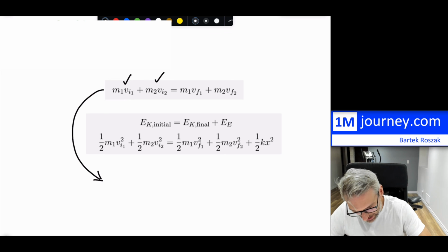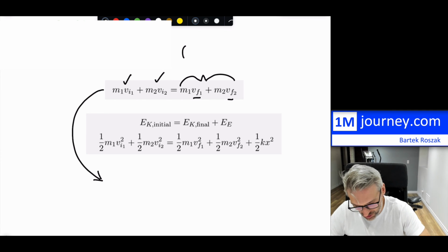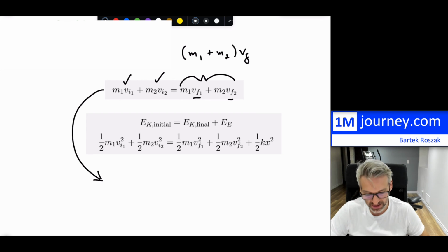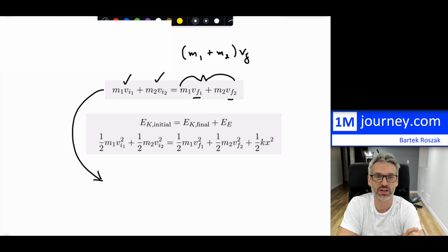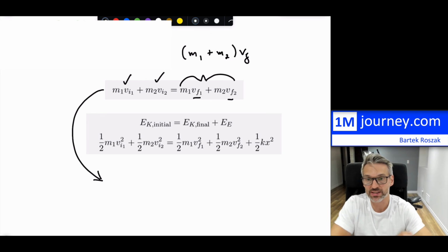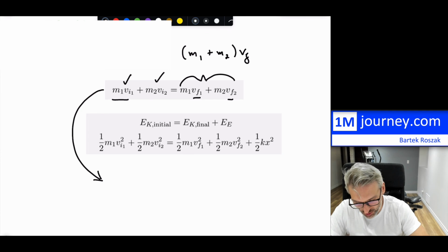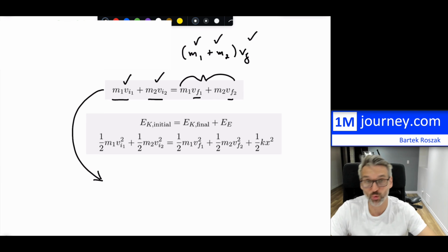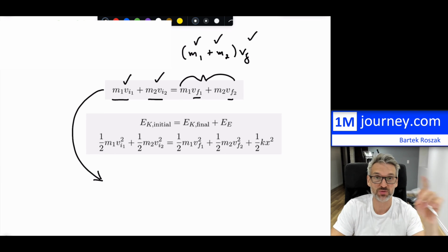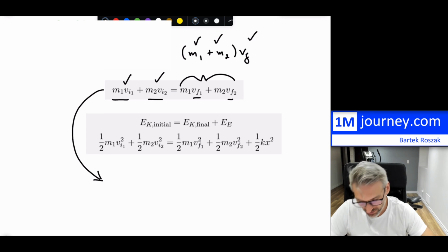But the right-hand side will now change because the two speeds are the same. So you can simply say m1 plus m2, and they're moving at the same speed, so you can factor out that v. I'm just going to call it vf instead of vf1 and vf2 because they'll have the same speed. Notice now, because we know the masses, we can certainly find out what that speed was in between them. So let's do that first.